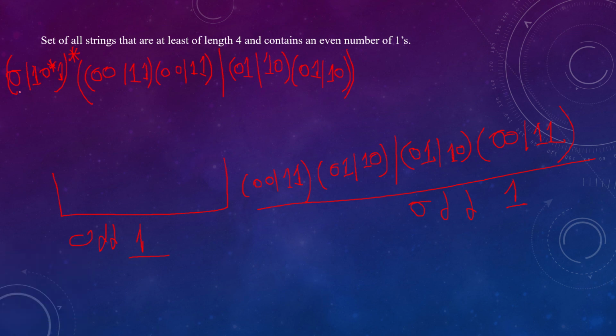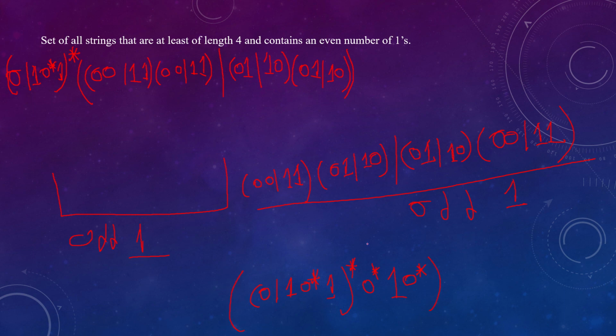We already have seen how to generate even number of 1. So this 0 or 1 0 line closure 1 line closure gives us even number of 1. Now we have to add another 1, and between this and after this we can have any number of zeros, as 0 doesn't contribute and there is no problem with having zeros, right? So this generates the odd number of 1.